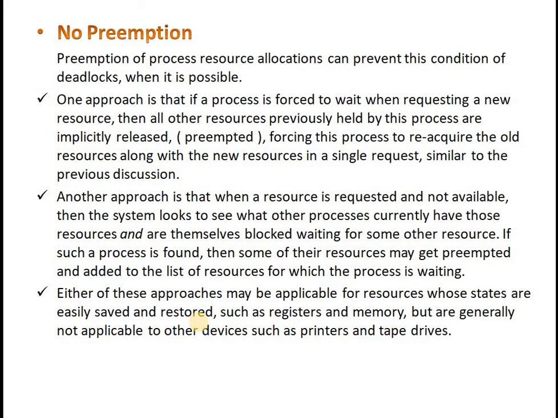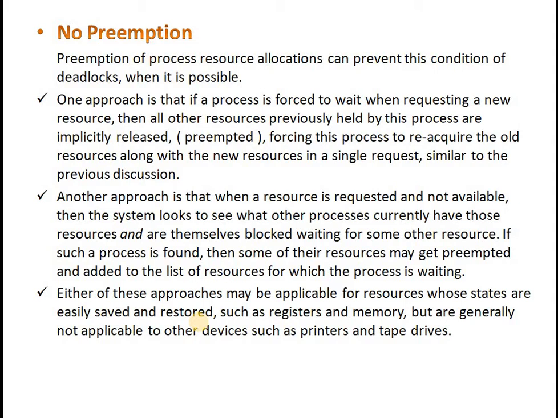Next, the no preemption condition. Preemption of process resource allocation can prevent this condition of deadlock. There are different approaches. One approach is that if a process is forced to wait when requesting a new resource, then all other resources previously held by this process are implicitly released.